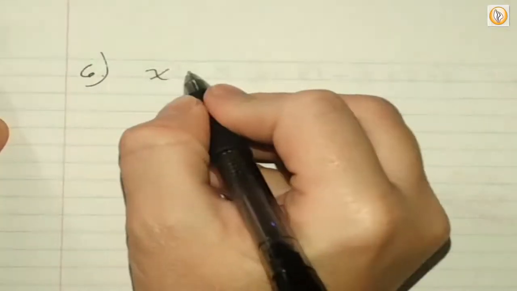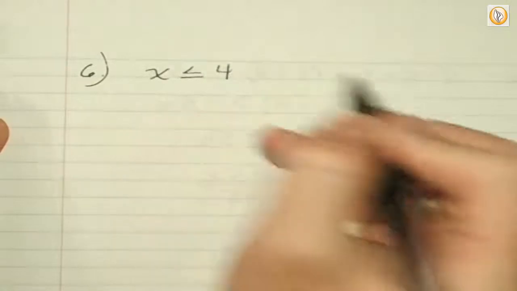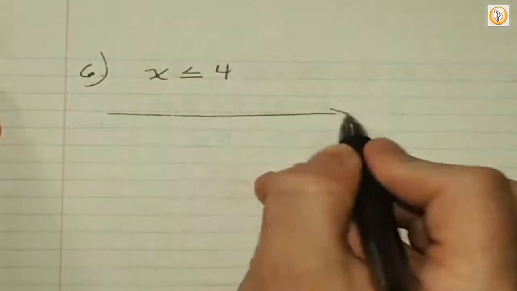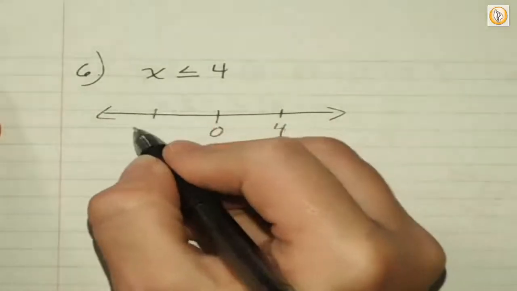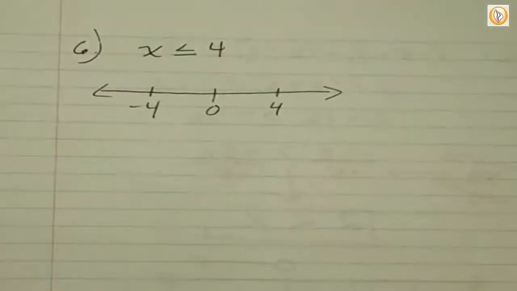6. What's that? X is less than or equal to 4. Tanner, once you have this written down, you tell me open or closed.